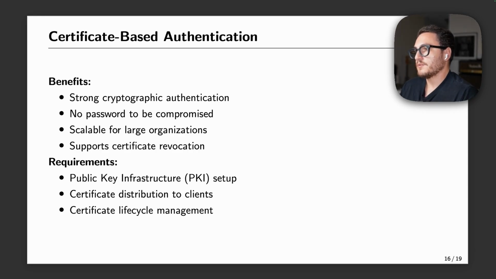It is quite painful to set up because we have to set up a public key infrastructure, so a PKI. The certificates need to be distributed, and we have to manage the life cycle of those certificates because certificates expire.